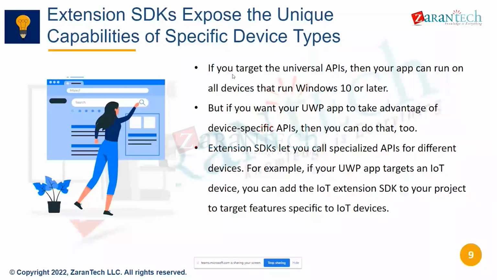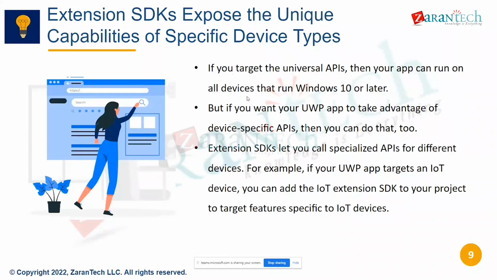For example, if you want to run your UWP app only on Xbox, Xbox has some more external APIs for accessing controllers, meaning joysticks and joypads. UWP has a very limited level of joystick and joypad APIs, but when you work with Xbox, you get some more advanced APIs as well, so you can use those.